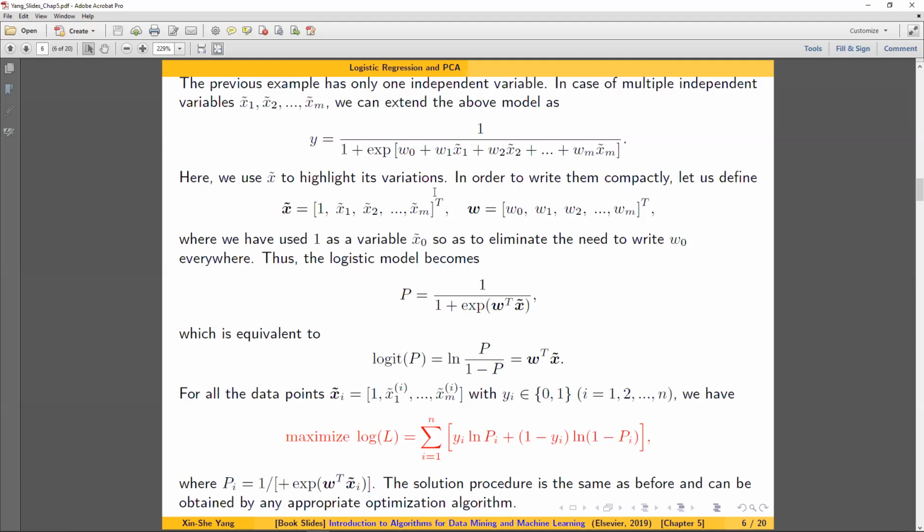In order to write them compactly, we can define a new variable, x tilde, which is a vector of all the x plus the extra term 1.